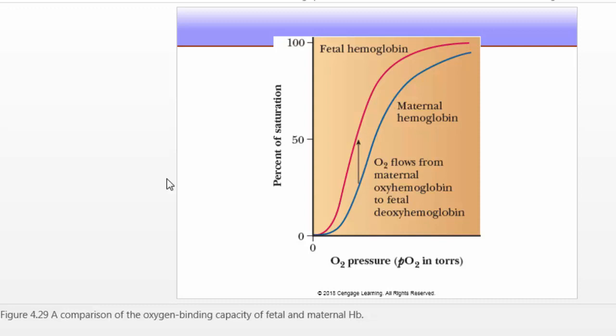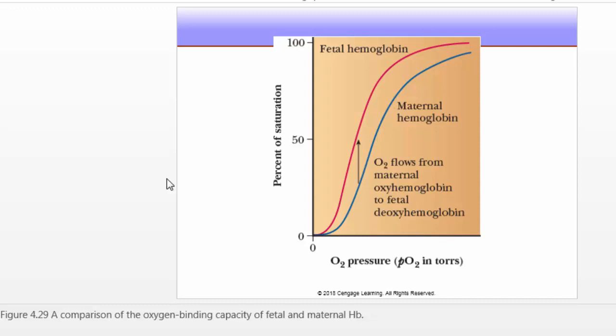Now, the second feature is that hemoglobin F binds less strongly to BPG than does hemoglobin A. In the beta chain of adult hemoglobin, histidine 143 makes a salt bridge to BPG. In the gamma chain, there is an amino acid substitution of serine for histidine.